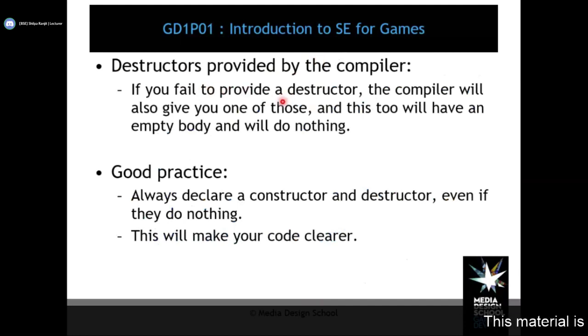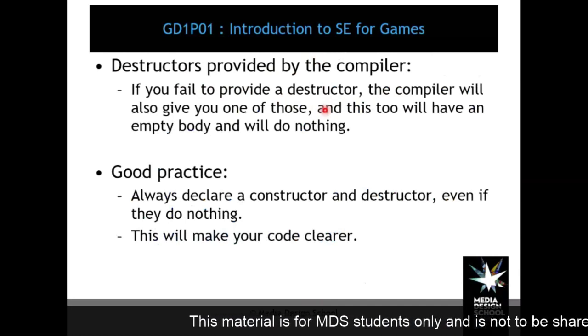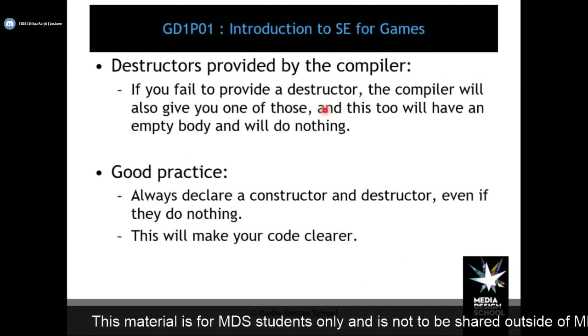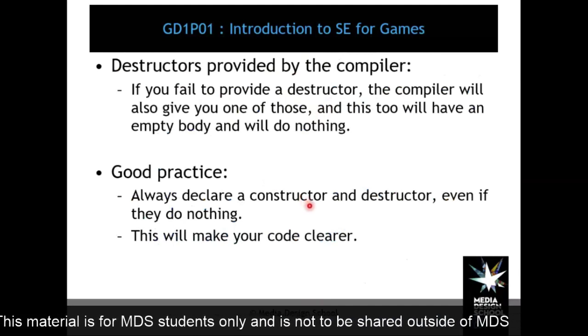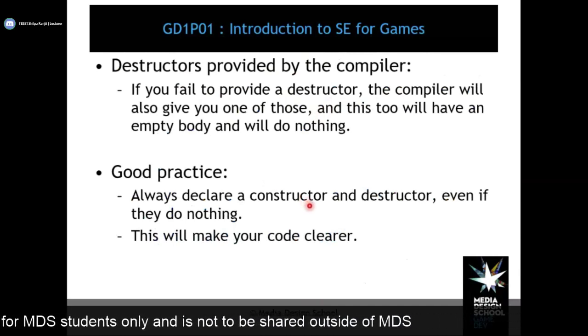In the same manner, if you fail to provide a destructor, the compiler will also provide you a destructor, and this too will be an empty function. But for good programming practice, it's always better that you declare a constructor and a destructor, even if you have nothing to perform there.